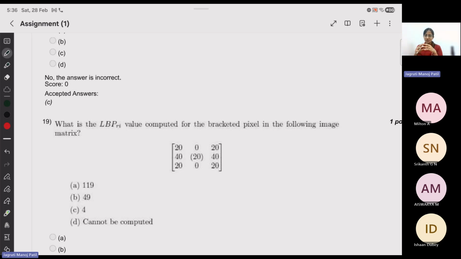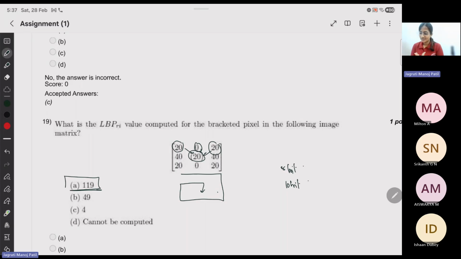You'll get masks for one range of values to the center pixel, another range to the center pixel, another range, and then you make a matrix or a vector and move the vector in a clockwise fashion, as we saw, to encode it. At that point, you'll get the circular shifts, and the lowest shift occurrence would be your answer. For this one also, you'll have to do multiple occurrences and eventually, let's say an 8-bit comparison or a 10-bit comparison. That will get your answer to be 119 in this case.